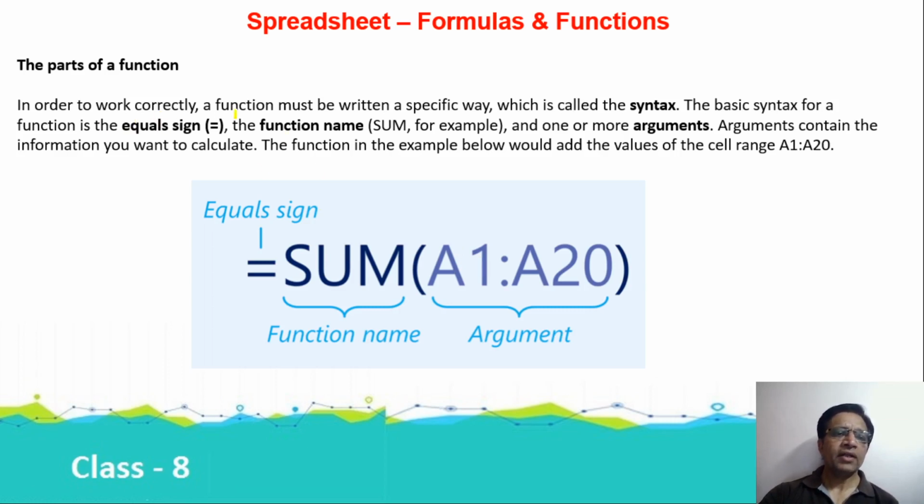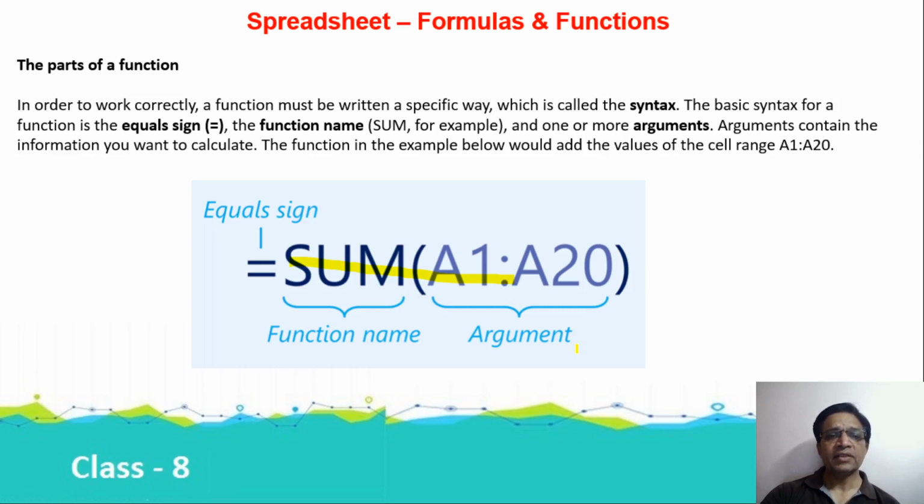Now I'll explain the parts of a function. In order to work correctly, the function must be written in a specific way, which is called the syntax. As you can see, if you want to make use of SUM, it has to be written with the name of the function and the list of arguments. So the basic syntax of a function is the equal to sign, the function name, and one or more arguments. The arguments contain the information you want to calculate.